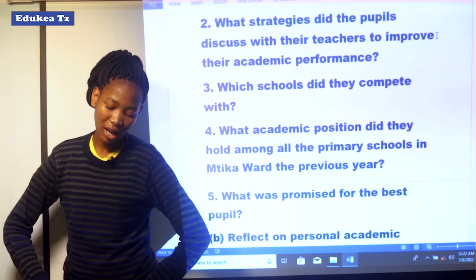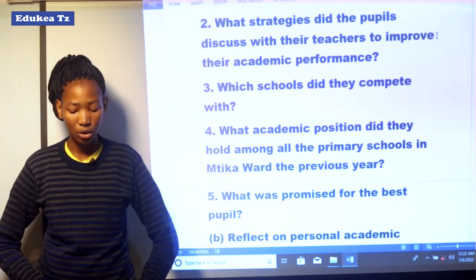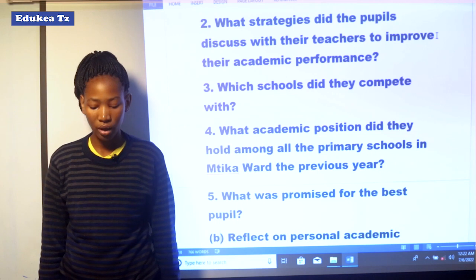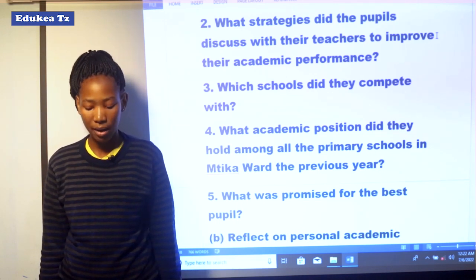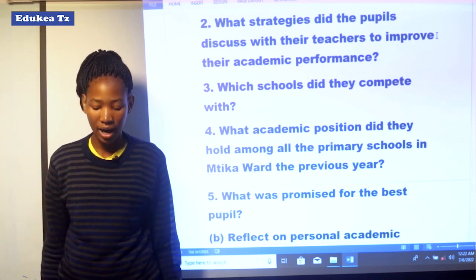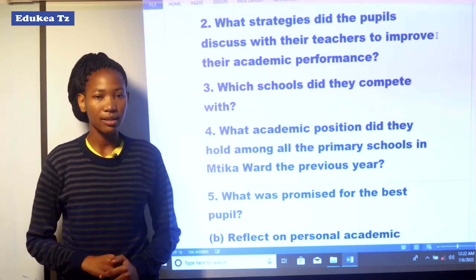Question number 3 is which schools did they compete with? And question number 4 is what academic position did they hold among all the primary schools in Mtika ward in the previous years?